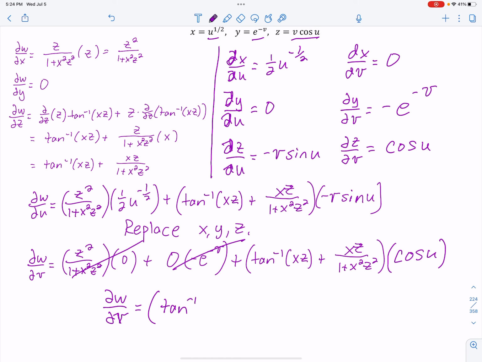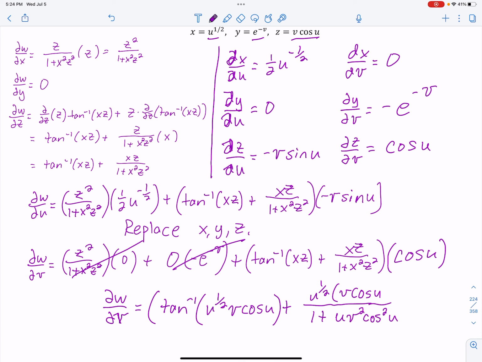Arctan of x, which was u to the 1/2, times z, which was v cosine u, really gross. Plus xz, so it's u to the 1/2 times v cosine u, all over 1 plus u times v squared cosine squared u. Gross. All that times cosine u.